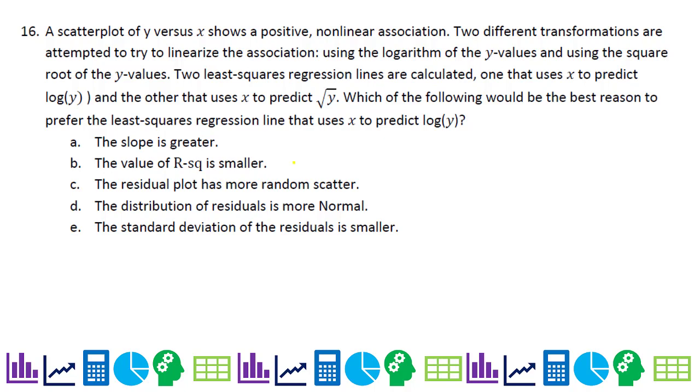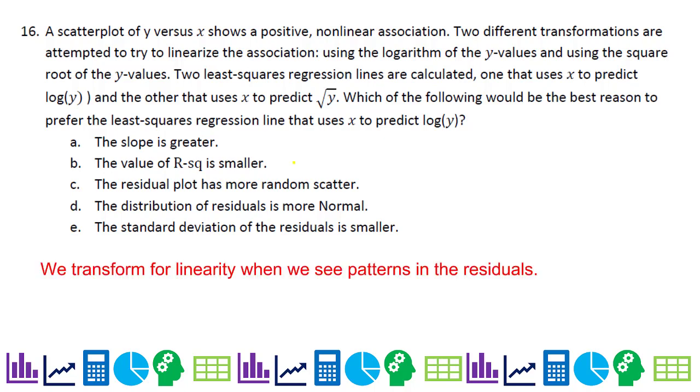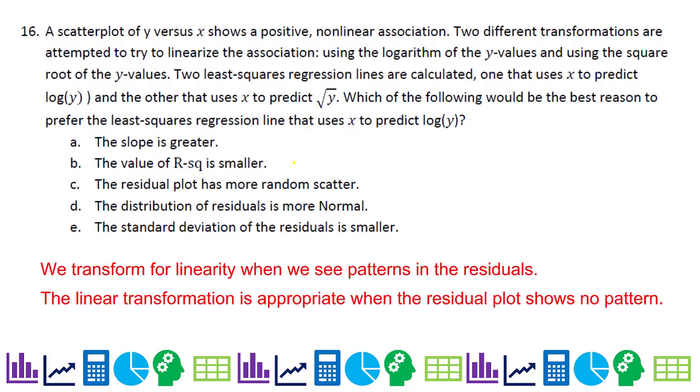Which of the following would be the best reason to prefer the least squares regression line that uses x to predict log y instead of square root of y? Well, we transform for linearity when we see patterns in the residuals, all right? The linear transformation is appropriate when the residual plot shows no pattern. In other words, the more random the scatter, the better. And that's the end of this assignment.